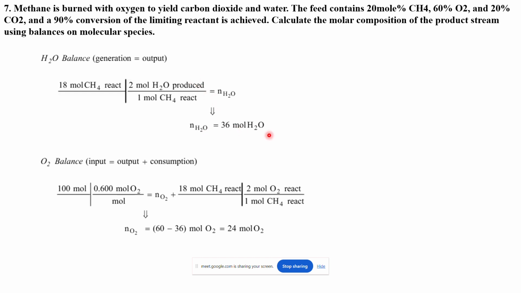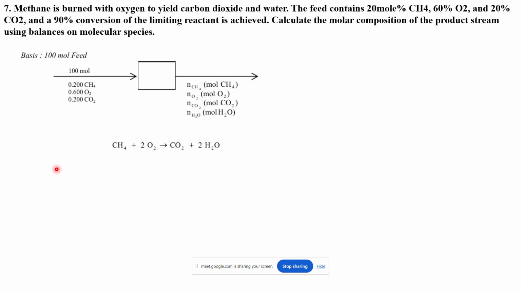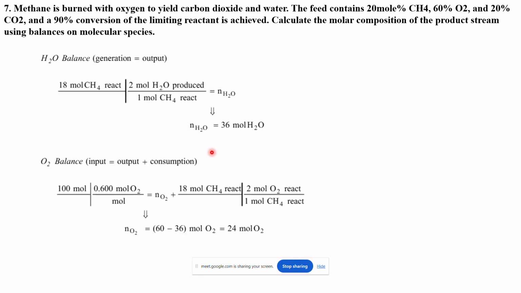Then for the O2 balance, according to the equation, 1 mole of CH4 requires 2 moles of oxygen for proper conversion into CO2 and H2O. So according to our 18 moles of CH4, 36 moles of O2 are going to be consumed during the operation.